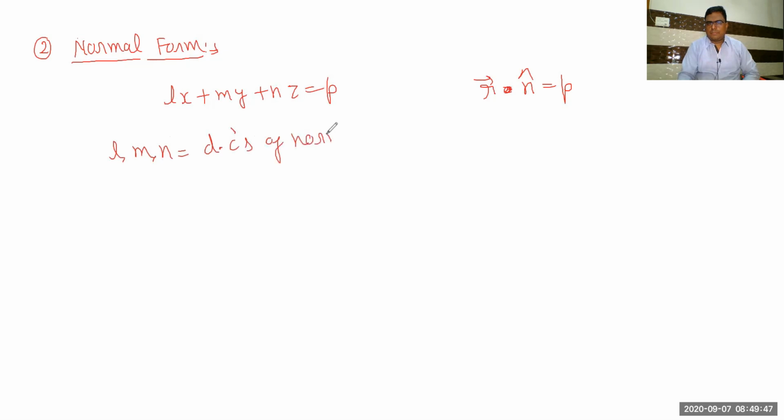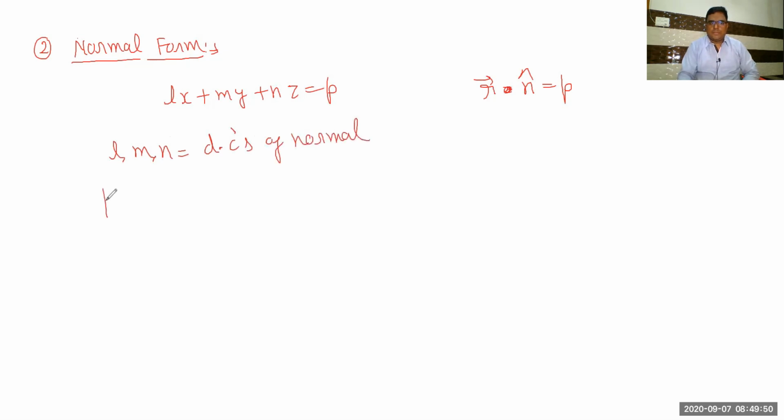In normal form, we have these formulas: lx plus my plus nz is equal to p, and r vector dot n cap is equal to p. What are l, m, n? So l, m, n are direction cosines of normal.